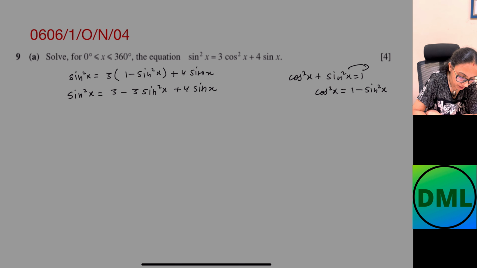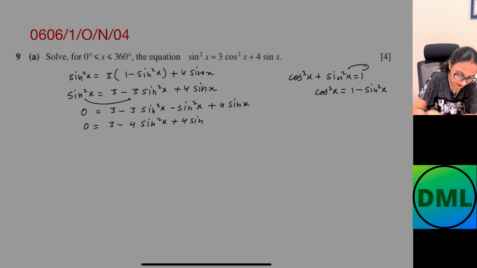I will move this on this side. So it will be 0 equal to 3 minus 3 sin square x minus sin square x plus 4 sin x. If I solve that, that will be equal to 3 minus 4 sin square x plus 4 sin x. I need to make the coefficient of sin square x positive because this is a quadratic equation in sin x.